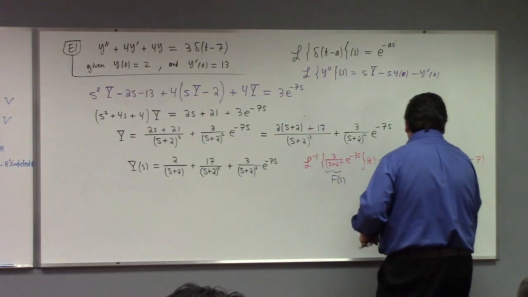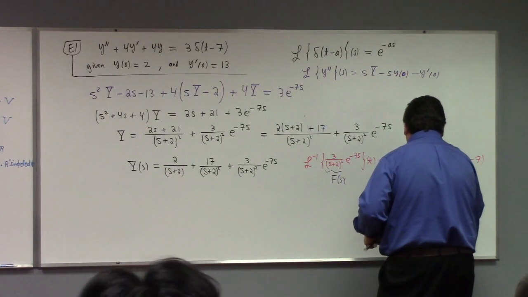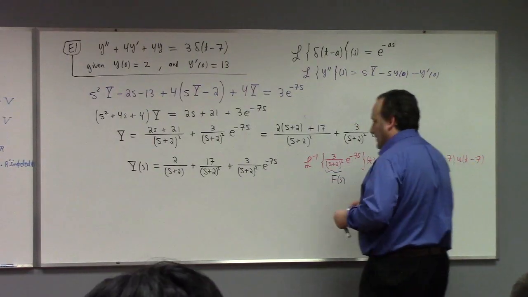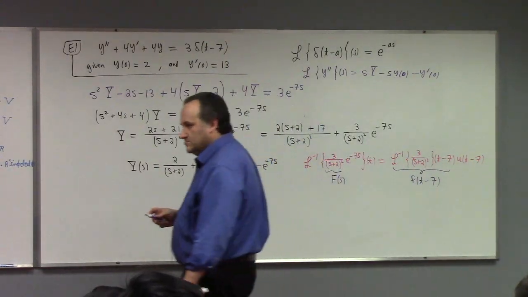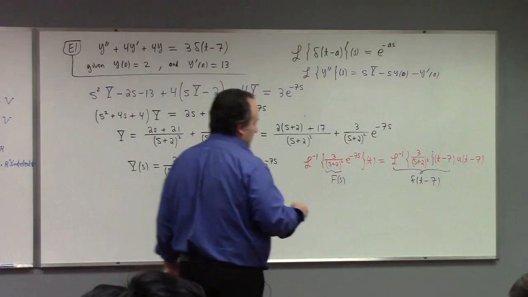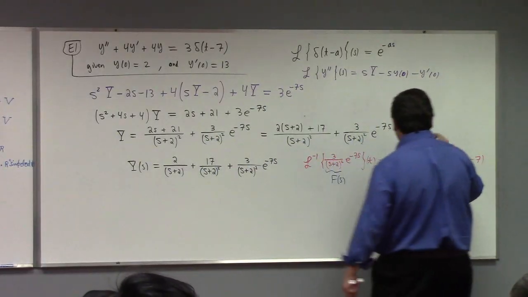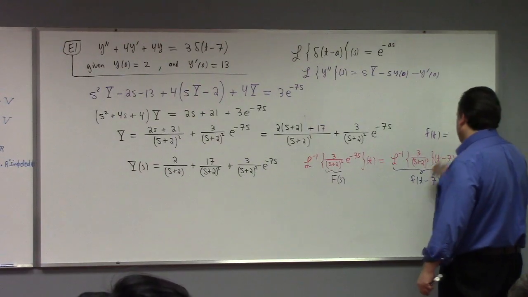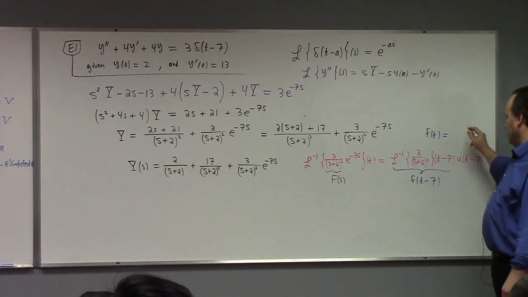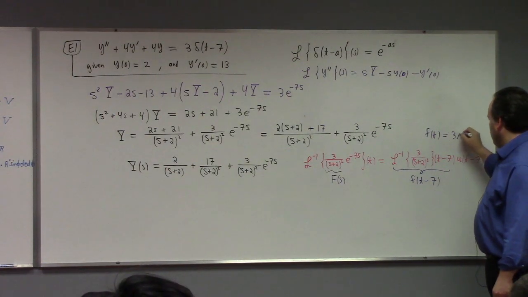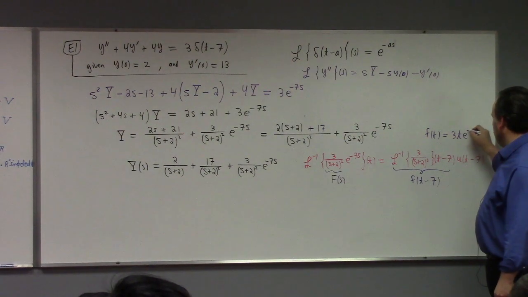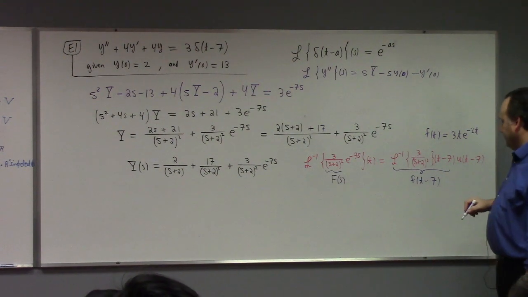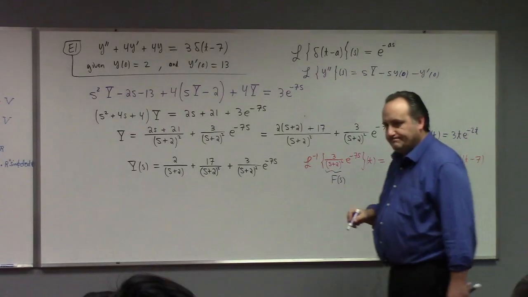This right here is just another notation for f of t minus 7, okay? So in my current notation, what is f of t? We got what? We got 3t e to the minus 2t, I believe. Right?